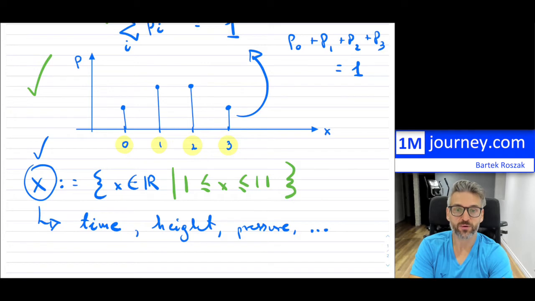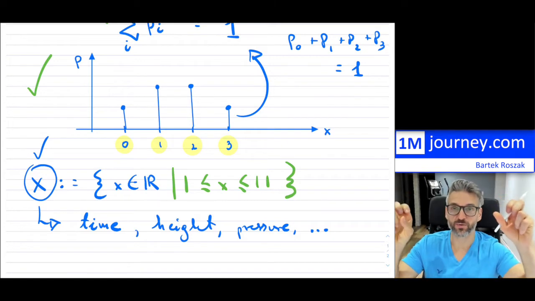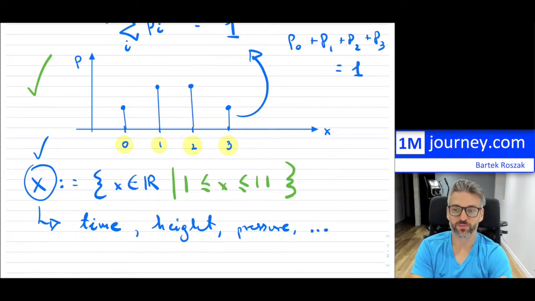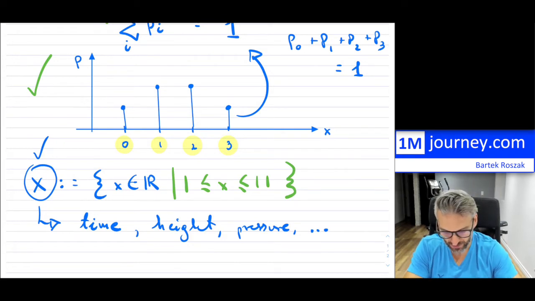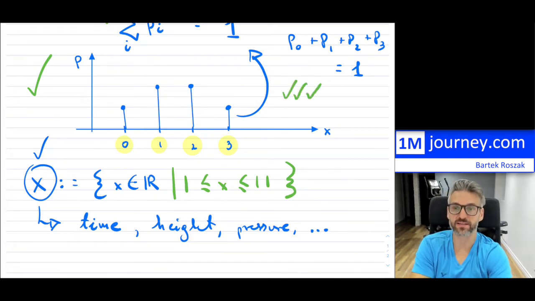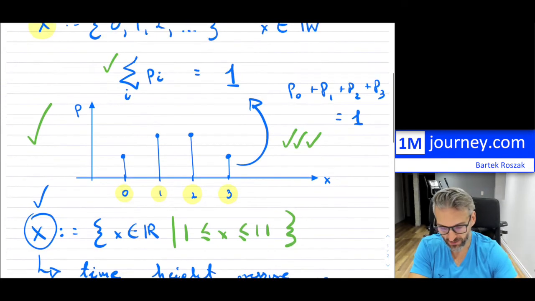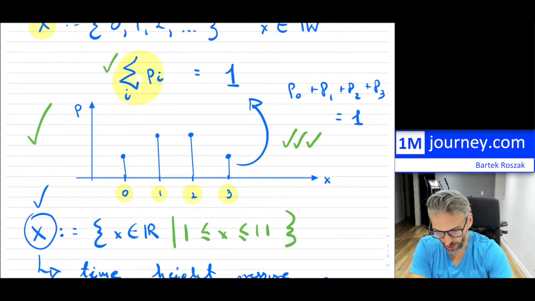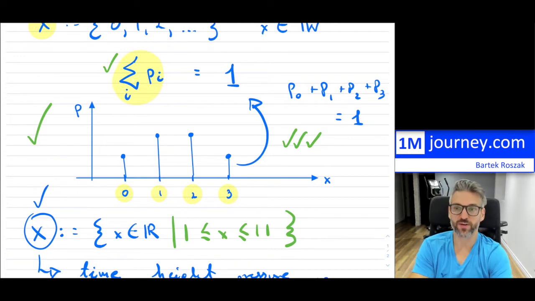And now, how in the world do we talk about probability distributions when we have a continuous random variable? Well, it can't be like this, certainly, because it can take on any values. And then also, how do we sum up across a continuous variable?